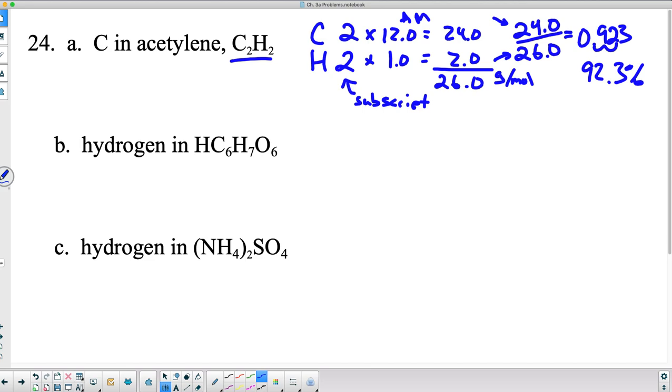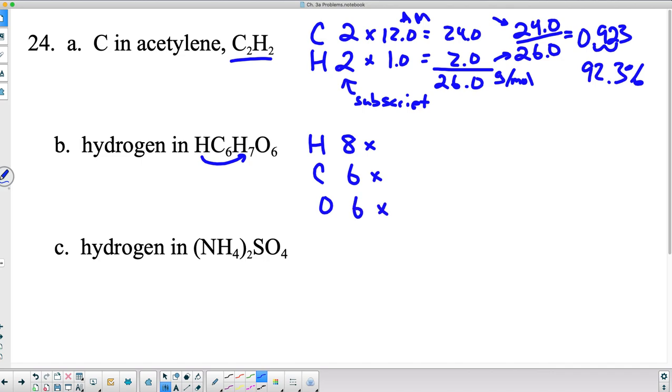So hydrogen in HC6H7O6. I do the same thing I do here. Hydrogen, carbon, and oxygen. How many carbons and how many hydrogens and how many oxygens do I have? I add 1 more onto there to get 8 hydrogens, 6 carbons, and 6 oxygens.